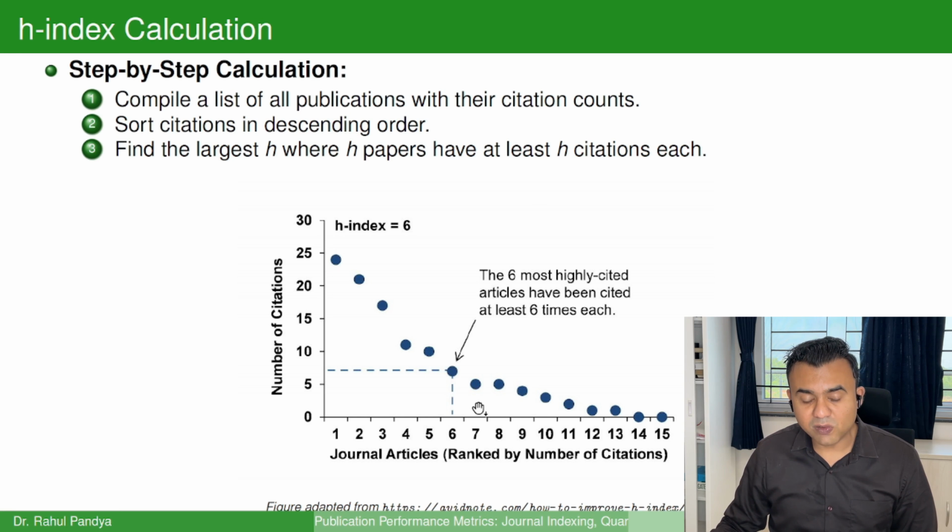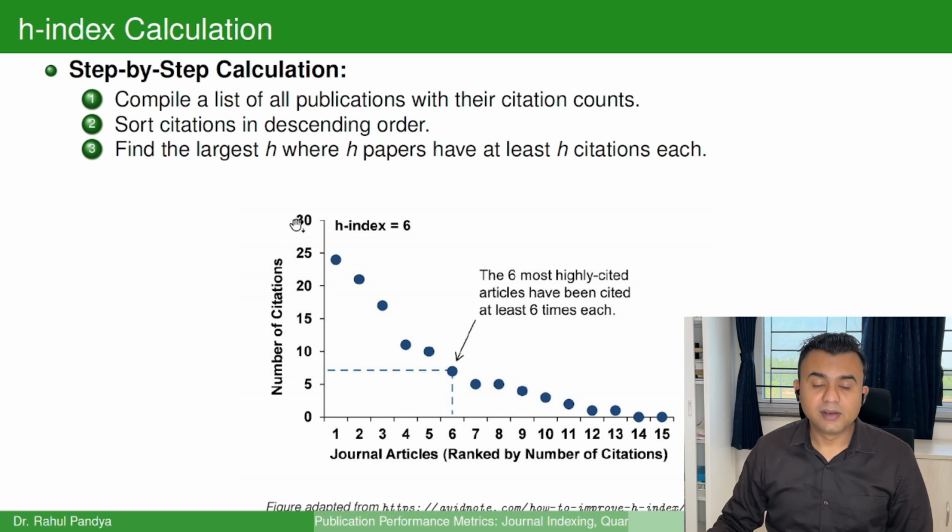Now if I put H equals 7, that means 7 papers should have at least 7 or more citations. But here you can see there are only 6 papers with 6 or more citations, and there are no 7 papers with 7 or more citations. So H equals 7 will not work. We have to stop and say H equals 6.